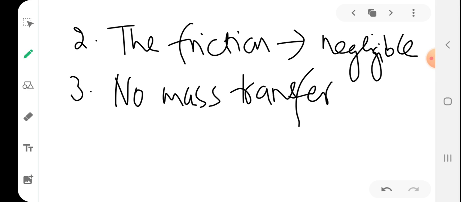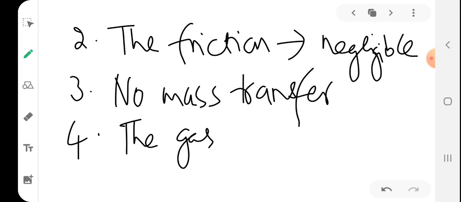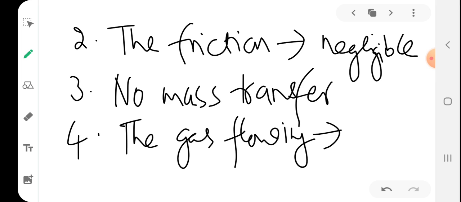The fourth one is the gas should be perfect, so the equation PV equals mRT should be valid for the gas we are considering. Then only the analysis becomes simpler.